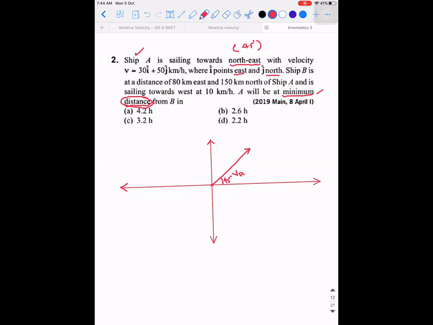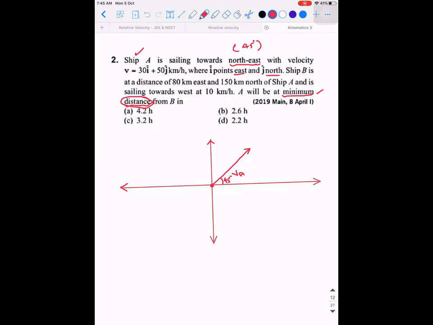So what do you guys understand from that? It is the distance with respect to ship A. Okay. So initially what did we assume is the starting point of A is taken as origin. They never told it is starting from origin, because there is nothing like that.